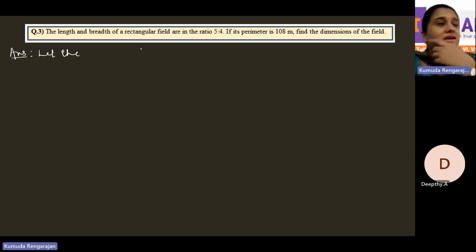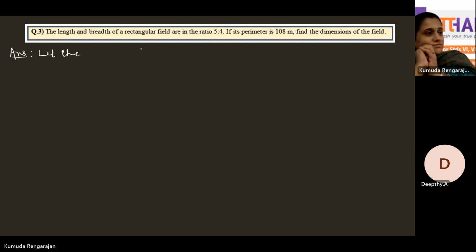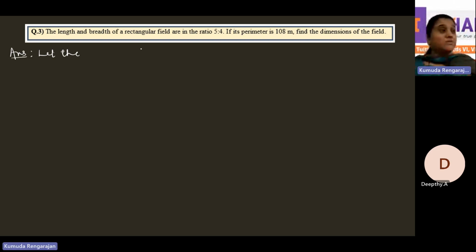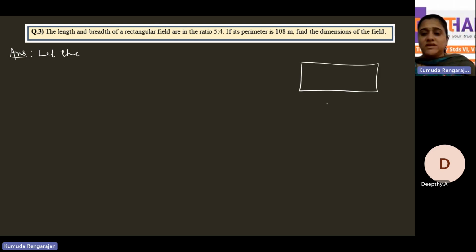Not perimeter. Length and breadth put together is what? Perimeter or semi-perimeter? No, length and breadth put together is semi-perimeter. See here, this is length, this is breadth. What is length plus breadth equal to? Semi-perimeter. What is perimeter then?